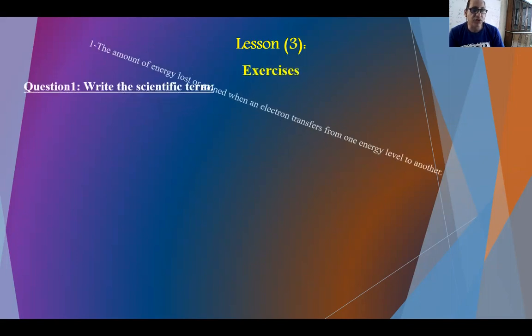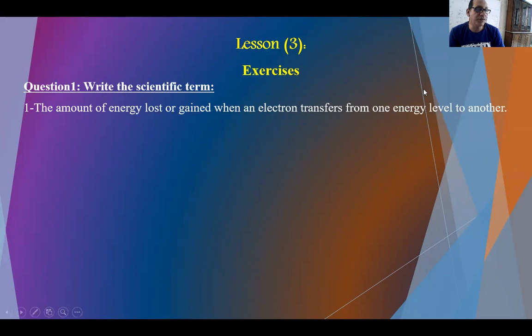Right, the scientific term: it's an amount of energy lost or gained when the electron transfers from one energy level to another. If the electron is going to transfer to a higher energy level, it's supposed to gain. Or to a lower energy level, it's supposed to lose.